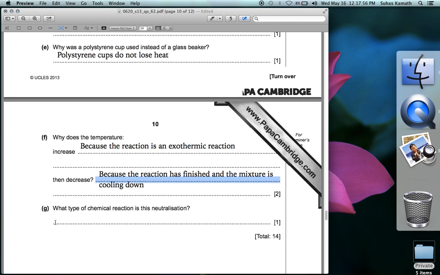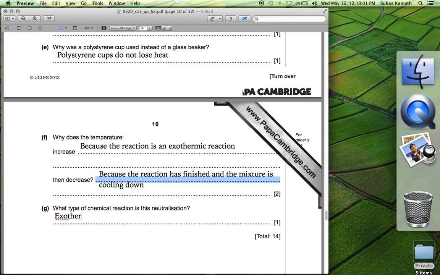What type of chemical reaction is this? Exothermic.